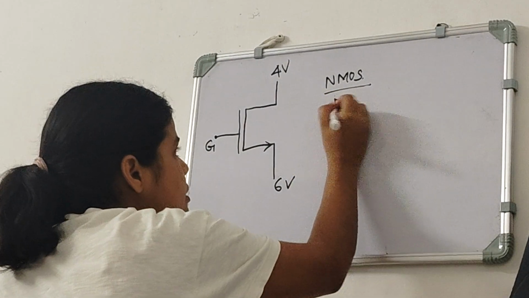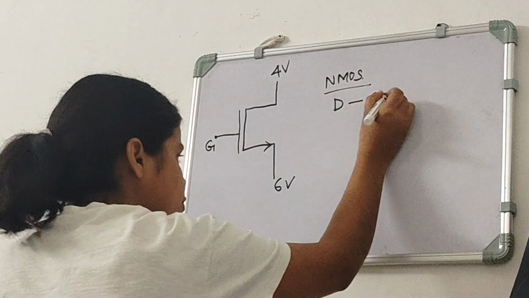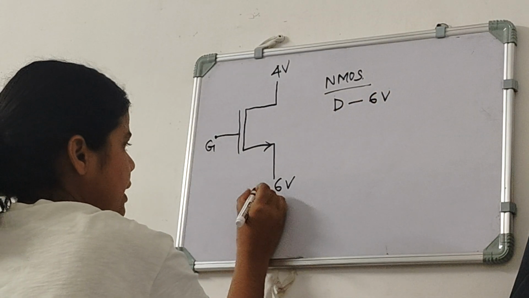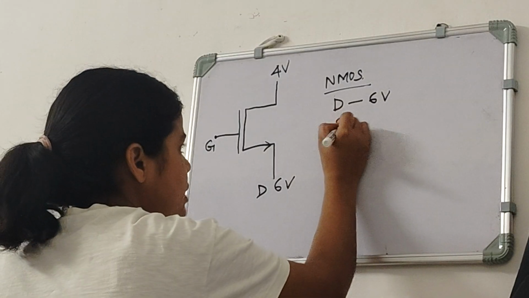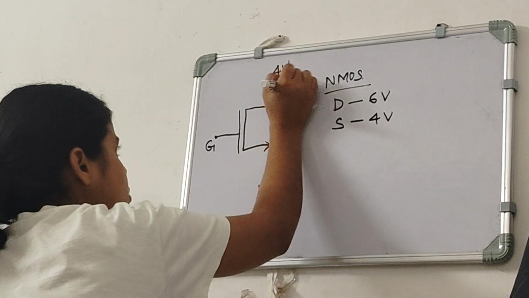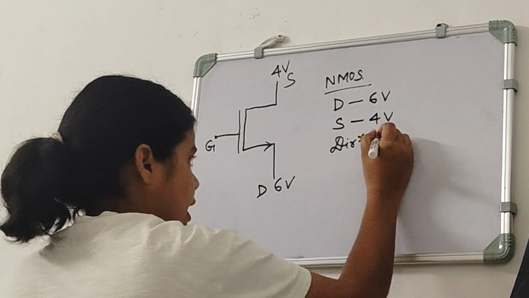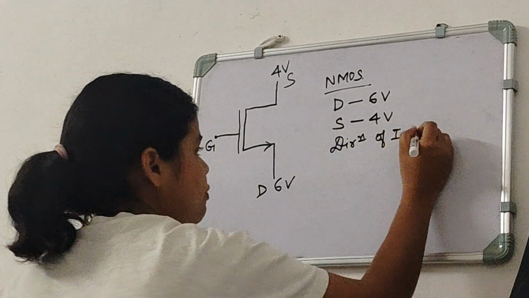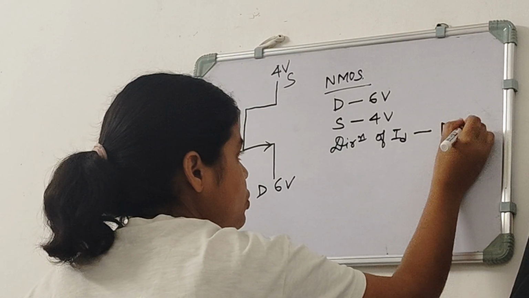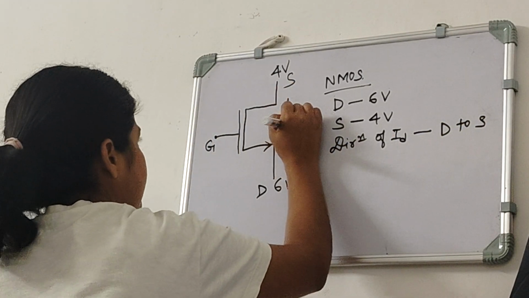Again we can write here that drain is at higher potential, so drain is at 6 volt, so this will be the drain here. And source is at lower potential, so source will be 4 volt, so this is the source. And we know that the direction of ID in NMOS is from drain to source, so this time the direction of ID will be like this.